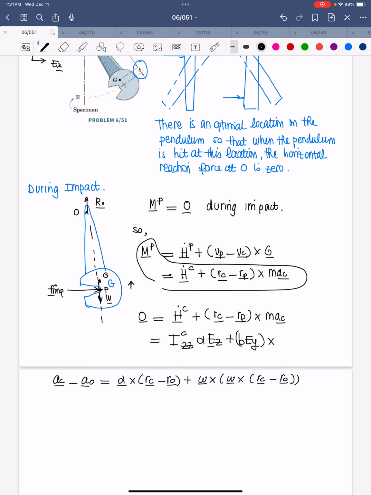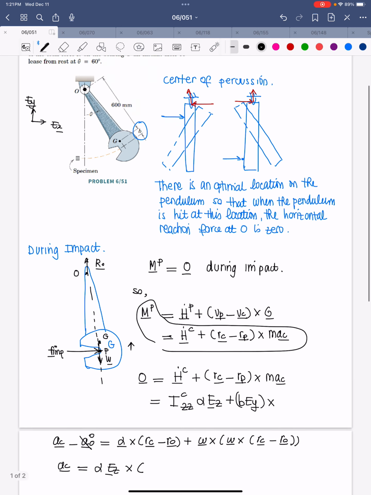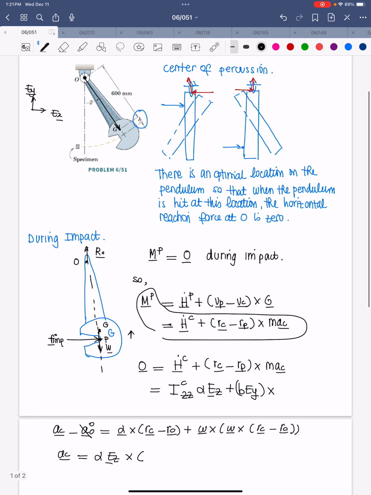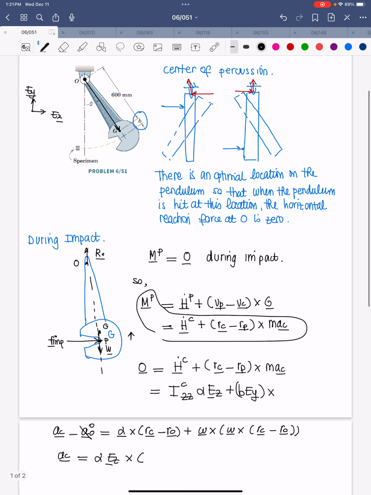O is a fixed point, so A_C is alpha e_z crossed with R_C minus R_O, which is this vector in the vertical. During impact, R_C minus R_O is minus 0.6 e_y, plus omega e_z cross omega e_z cross minus 0.6 e_y.